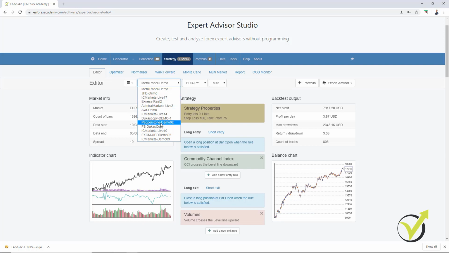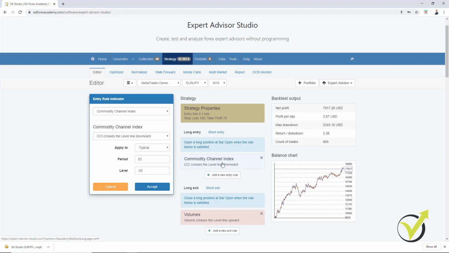And in this case, I have many different data from different brokers, because I always compare which one provides better trading conditions. And then what you can do is build the strategy from scratch. So this CCI indicator strategy has the CCI indicator, or the Commodity Channel Index, applied to the typical price.